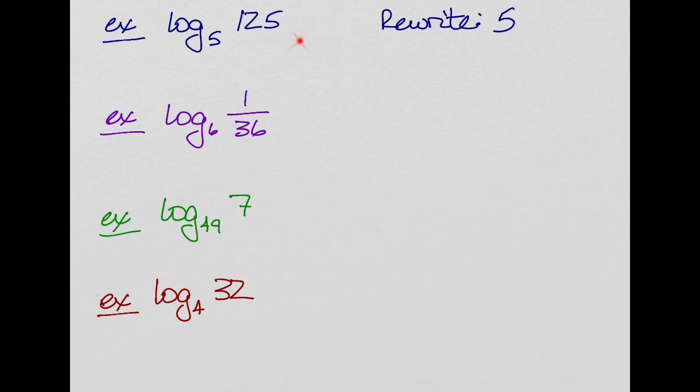The value of the logarithm is the exponent that I have to put on the base in order to get the third number. So 5 to, I don't know. That's the question. And when it's written like that, 5 to what power gives me 125? Well, I know 5 to the third power is 125. So the exponent that I need is 3.